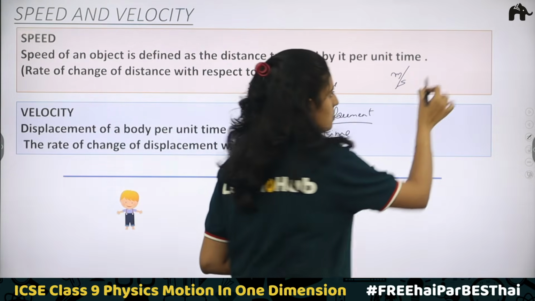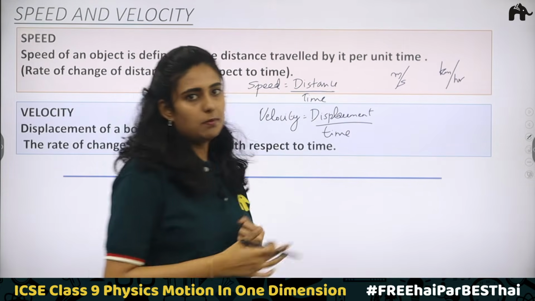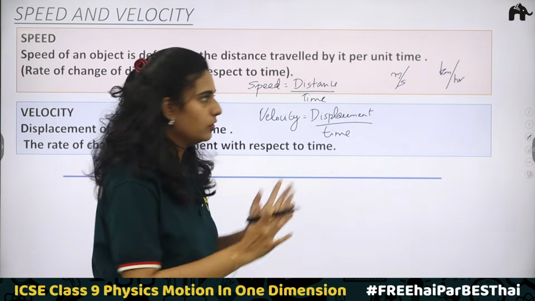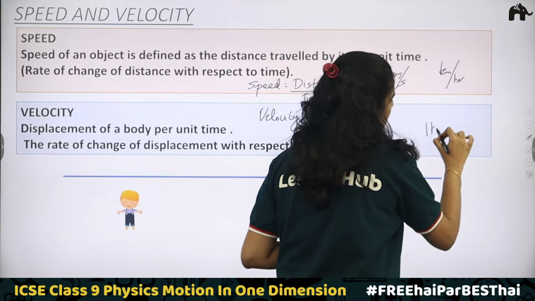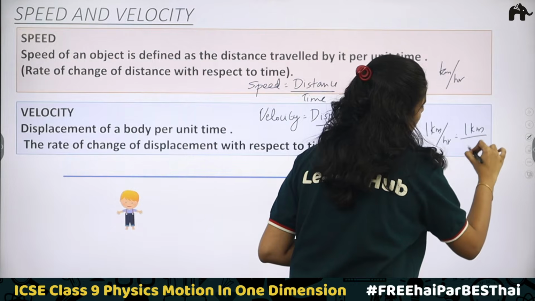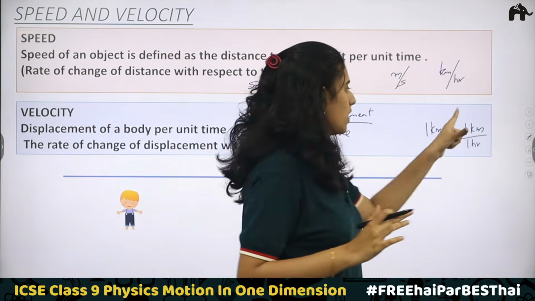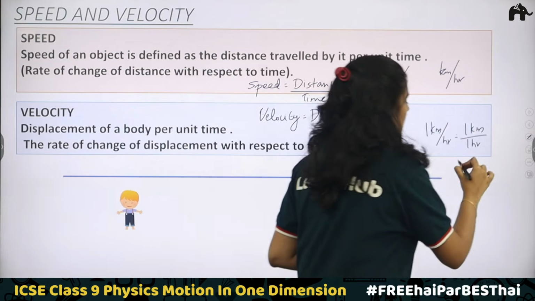Okay. Now the unit of both speed and velocity is meter per second. Another unit that is used is kilometer per hour. How to convert kilometer per hour to meter per second? Now you can see 1 kilometer per hour. What does it mean? It is 1 kilometer divided by 1 hour. What is 1 kilometer in meters?